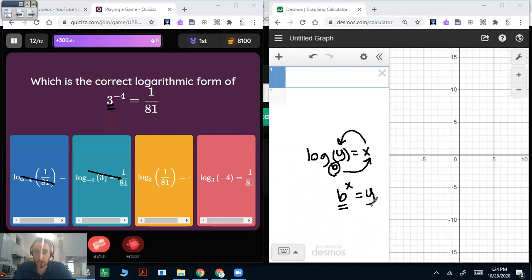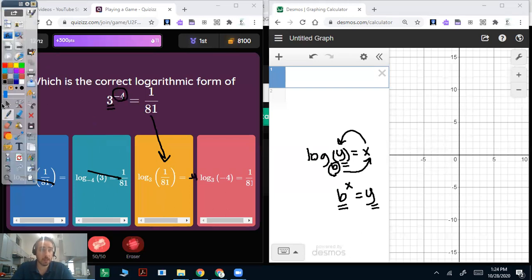So this 1 over 81 needs to be the number in there. And this is hidden, but it should say negative 4 over there. Your exponent is always what a logarithm equals. So that gets pulled out to the end there. So it's going to be log base 3 of 1 over 81 equals negative 4.